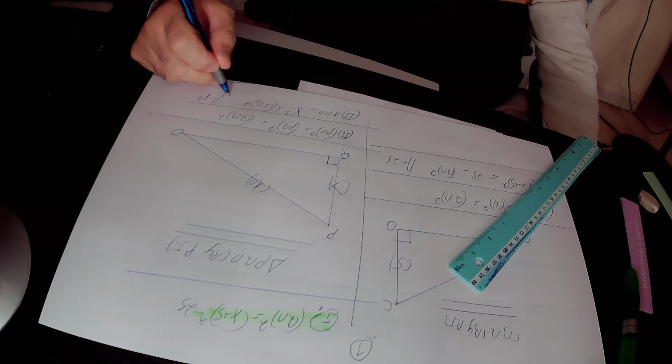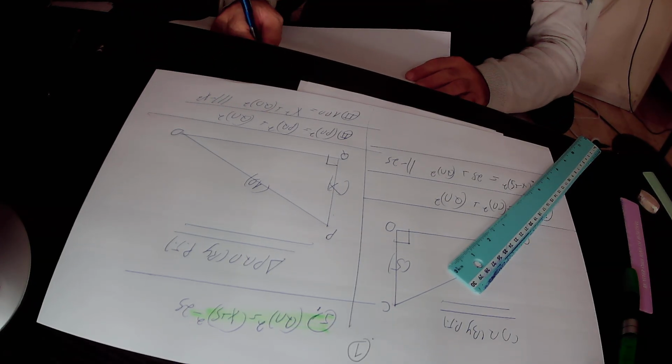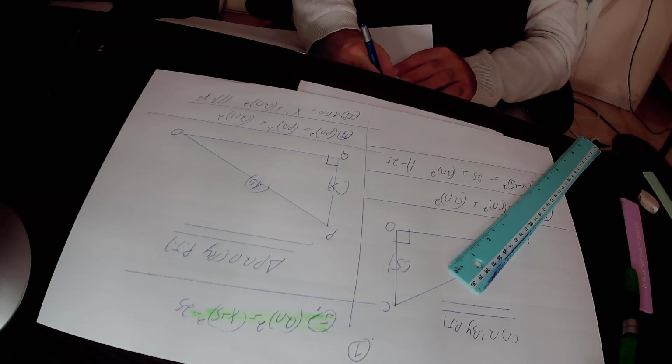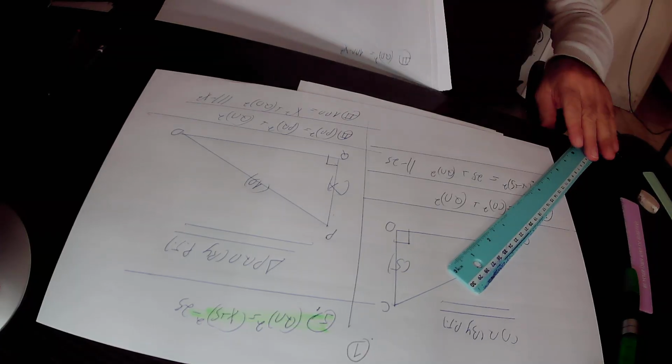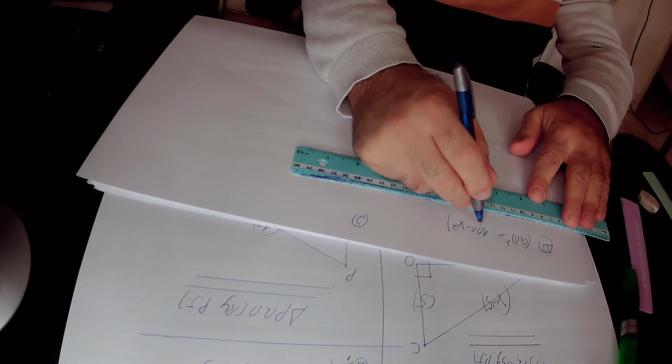We get, according to this equation 2, QO squared equals 100 minus x squared. And again, according to equation 2, we found out that QO squared equals 100 minus x squared.